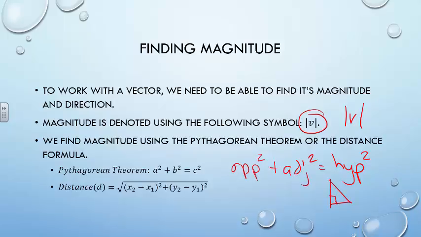And the distance formula is the square root of (x2 minus x1) squared plus (y2 minus y1) squared, where x2 and y2 and x1 and y1 come from coordinate pairs, like so.